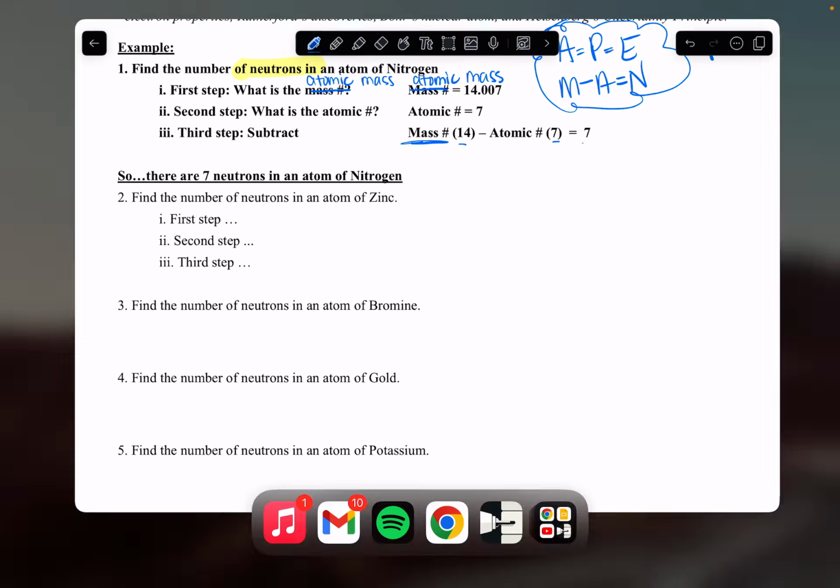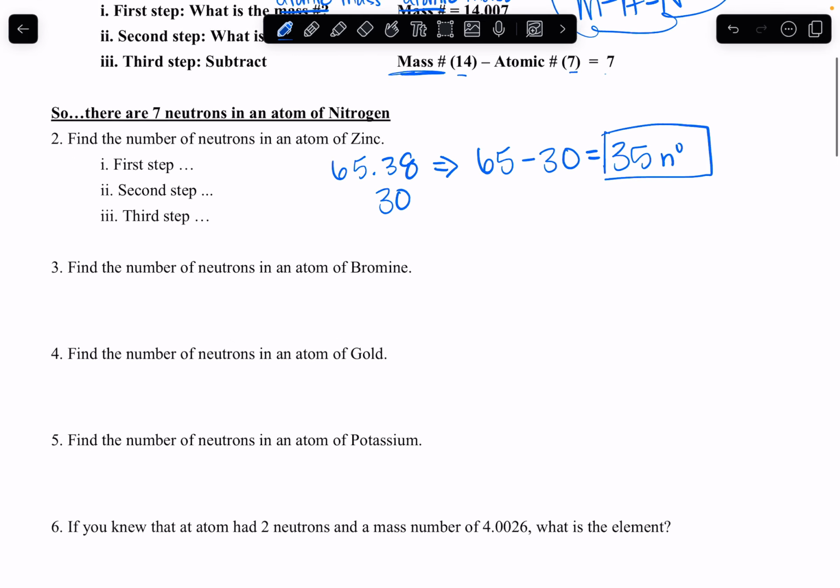My atomic number is, I already forgot, 30. So I'm going to take my rounded mass number, which is 65, minus 30. That gives me 35 neutrons. Ta-da!